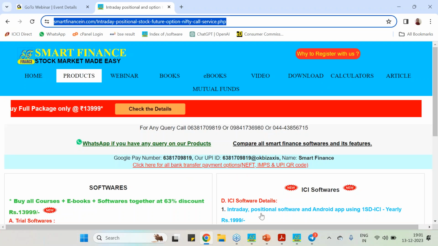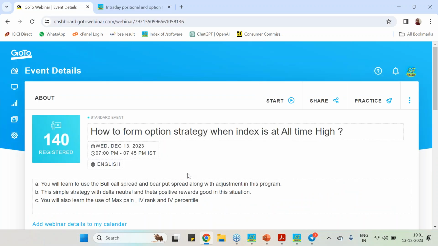smartfinancein.com. So today we are scheduled to learn specific important techniques of option strategy. First, we'll be forming the bull call spread and bear put spread along with the adjustment.